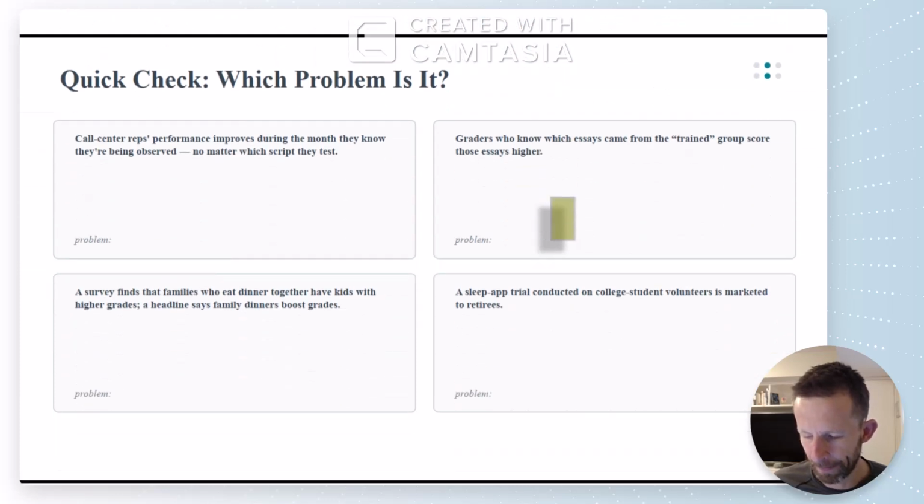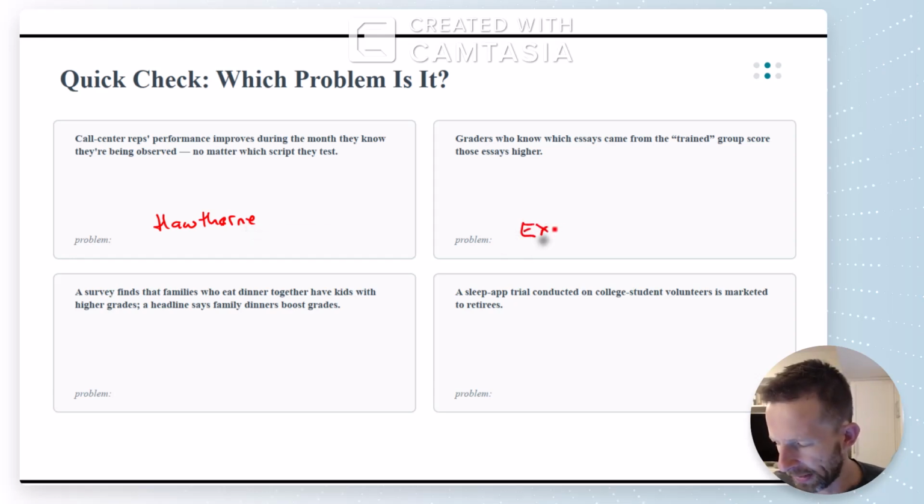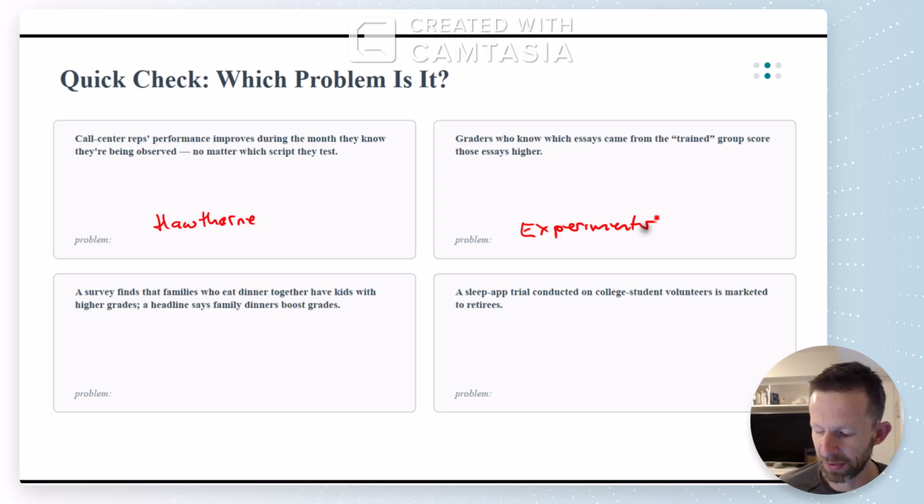So, quick check. Call center reps' performance improves during the month they know they're being observed, no matter which script they test. So this is the Hawthorne effect. Graders who know which essays came from trained groups score those essays higher. That's the experimenter effect. A survey finds that families who eat dinner together have kids with higher grades.